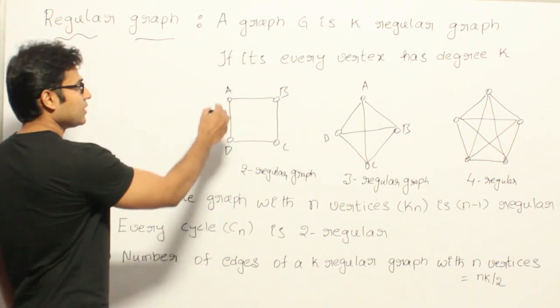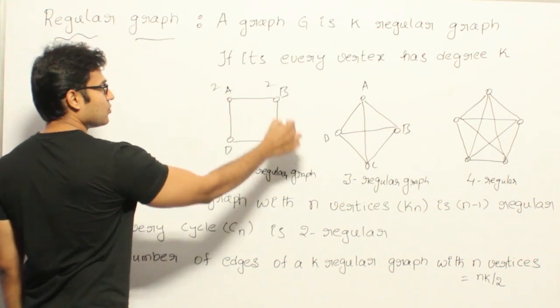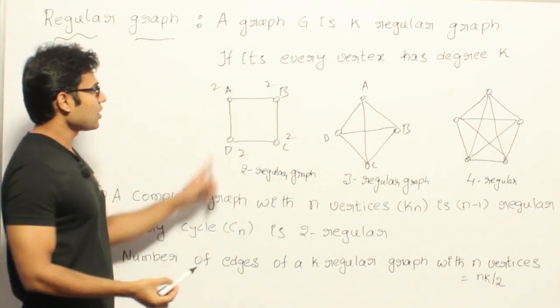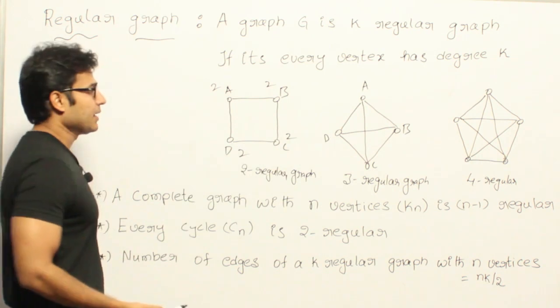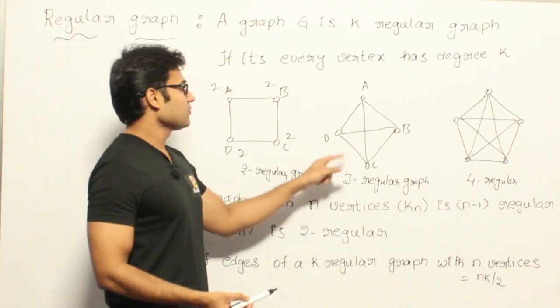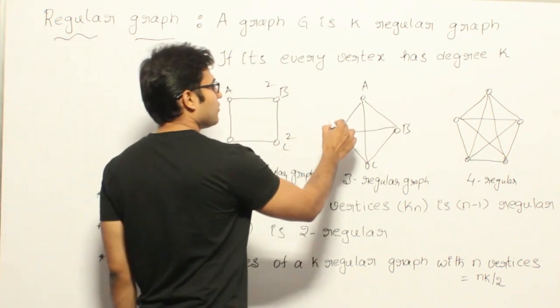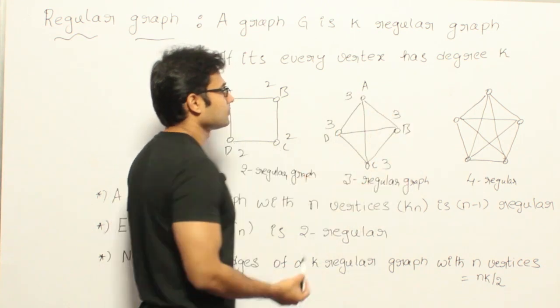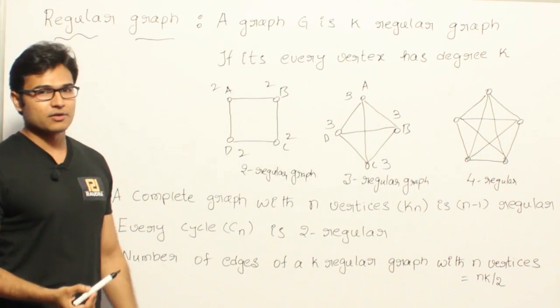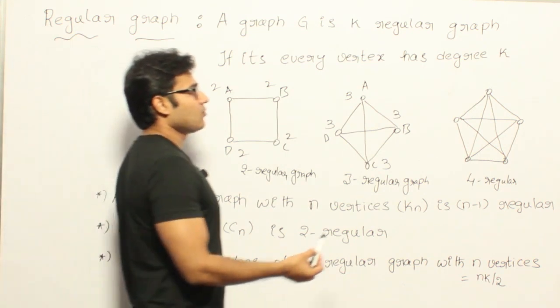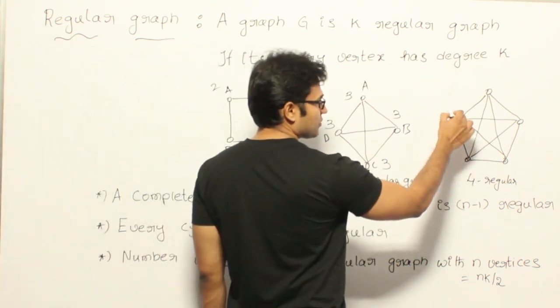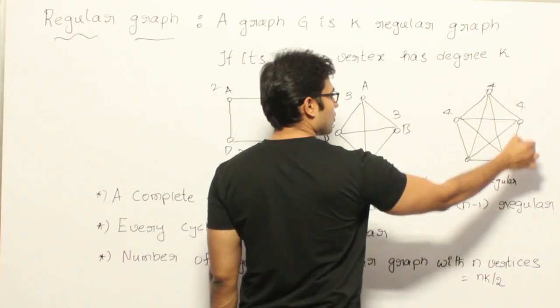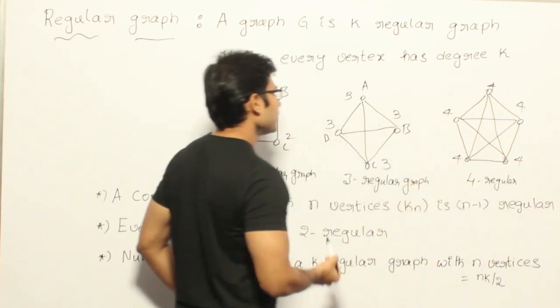See this, the degree of this vertex is 2, 2, 2, 2, so it is called a 2 regular graph. And if you see this graph, the degree of every vertex is 3, 3, 3, 3, that is why it is called a 3 regular graph. And what about this? The degree of every vertex is 4, so it is a 4 regular graph.